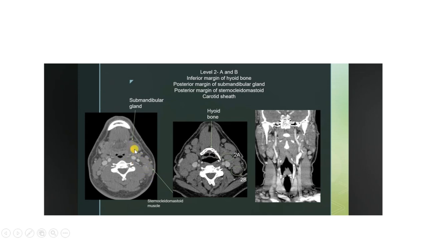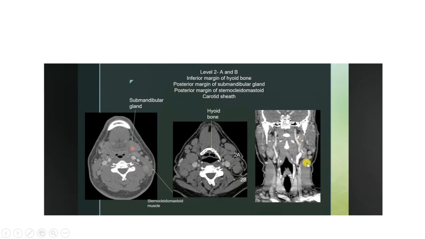This is the submandibular gland, and the level 2A lymph nodes are between the submandibular gland and the carotid sheath, and level 2B lymph nodes are anterior to the posterior border of the sternocleidomastoid muscle, behind the carotid sheath, and the hyoid bone is identified at this level. Level 2A lymph nodes, carotid sheath, and level 2B lymph nodes, and the sternocleidomastoid muscle, and this is the trapezius muscle.